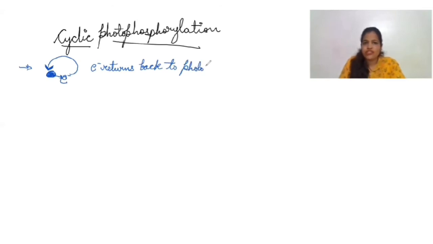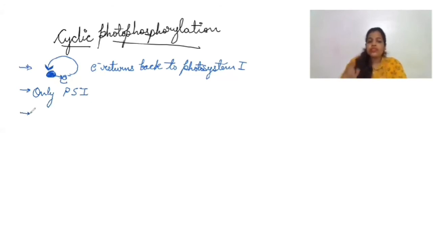Which kind of photosystem is used? Photosystem 1 is present. So cyclic photophosphorylation has only and only photosystem 1, that is chlorophyll A700 reaction center will be there, not chlorophyll A680. Next point, because here photosystem 2 is absent.